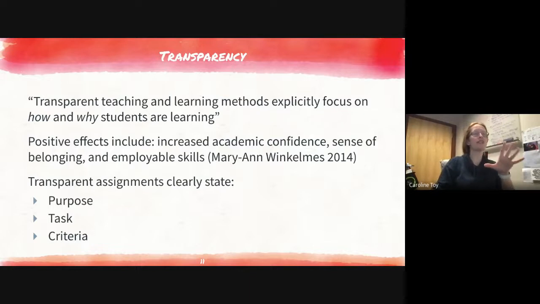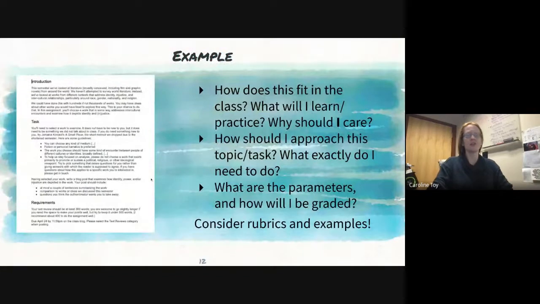So on this slide, it says transparent assignments clearly state purpose, task, and criteria. But by clearly state, that does not necessarily mean they state it on paper, right? It's just that these things should be clearly evident to your students. So when we talk about purpose, task, and criteria, the purpose piece is a metacognitive starting point for the students.